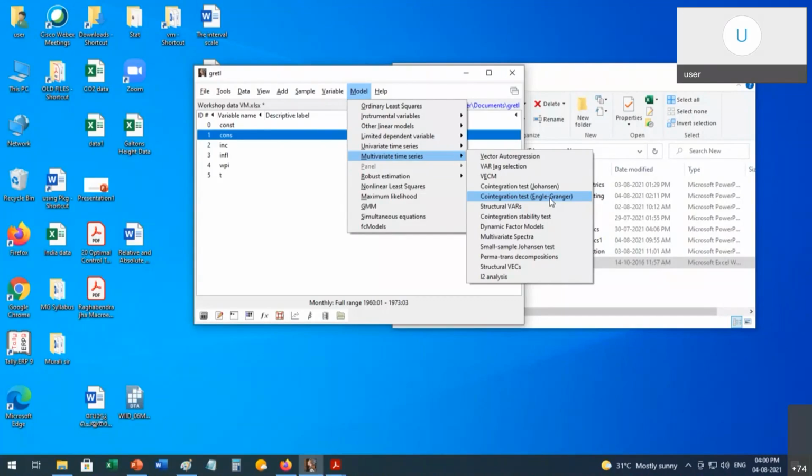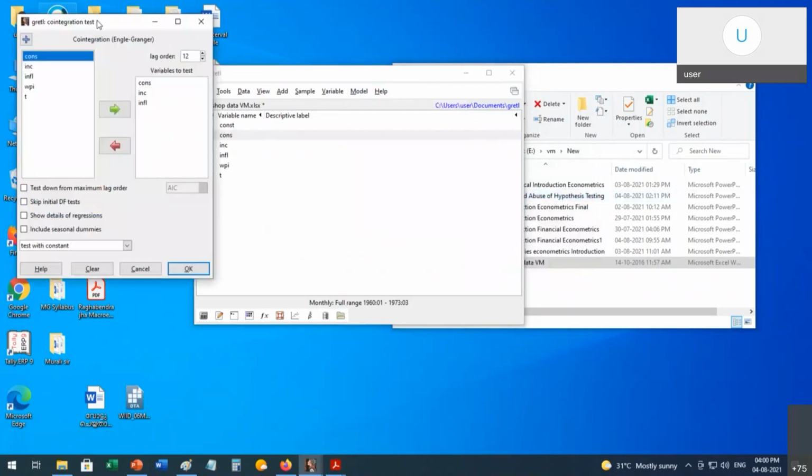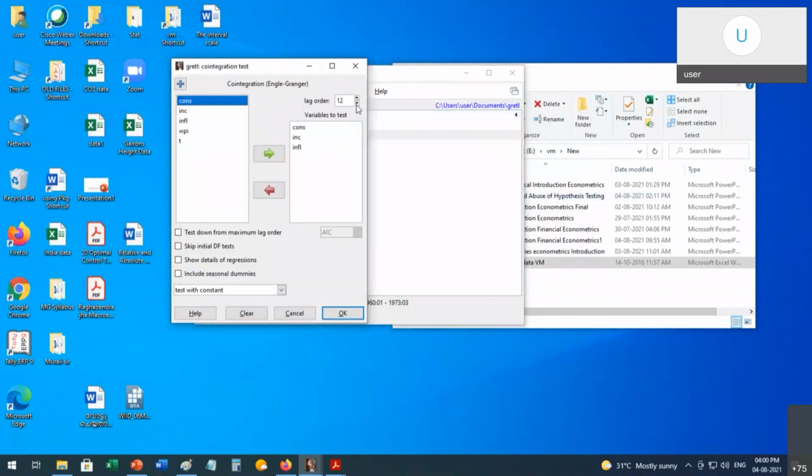And then we can use some lag, but it is better that we find an optimum lag and then apply that lag here also. So we click here and give an optimum lag of 2, and the variables to test. So we are testing with a constant. All other options are available here, but we are not going with that. We are testing with a constant. And then we click OK.